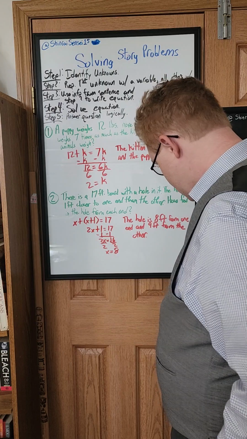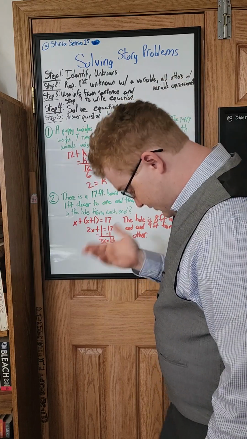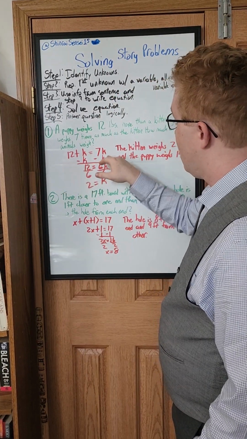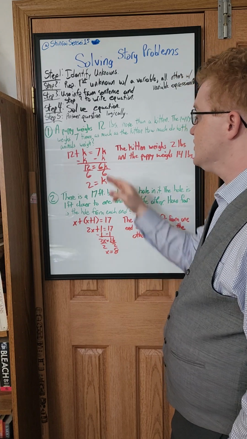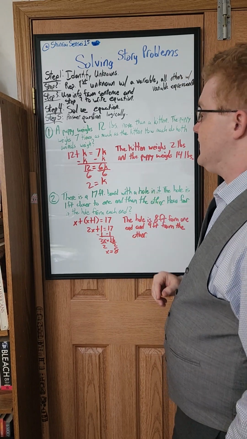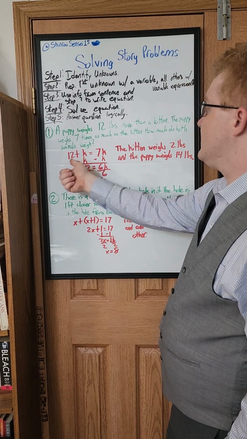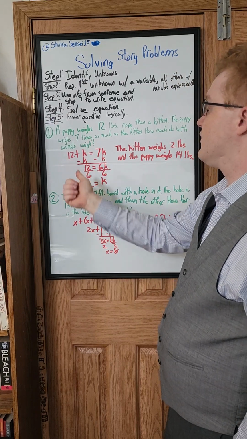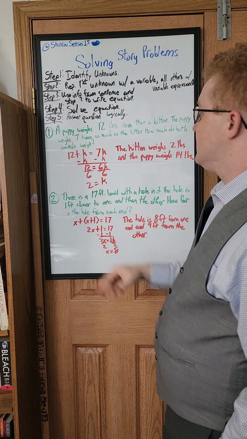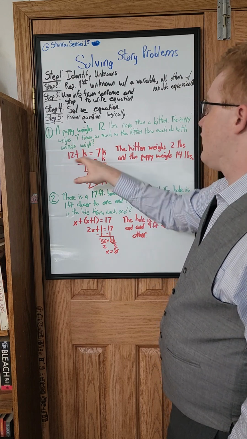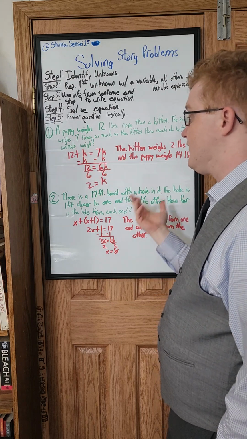Now, all you have to do is choose whether you prefer doing addition or multiplication to put the kitten's weight into one of these expressions in order to find the weight of the puppy. Okay? So 12 plus 2 is 14, or 7 times 2 is 14.